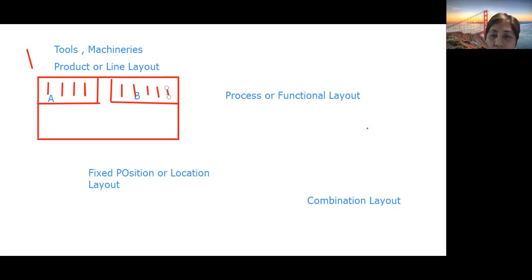So the advantages of product layout: low cost of material handling due to straight and short route and absence of backtracking, because there is a sequence of operation in doing a particular product. Smooth and uninterrupted operations, because it just focuses on one product, although the shop offers different services.